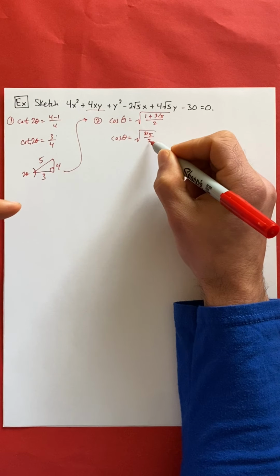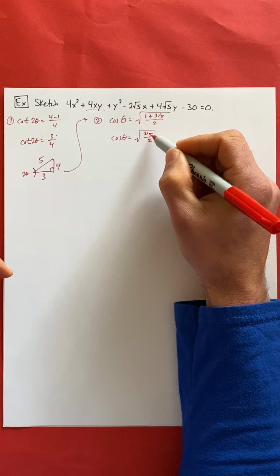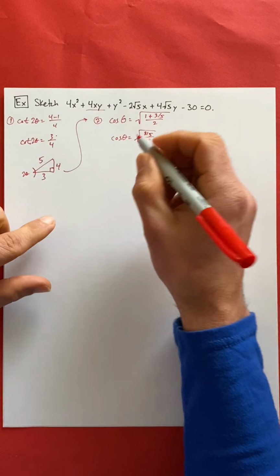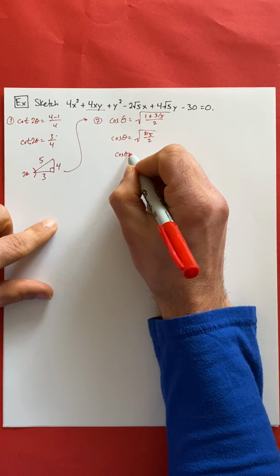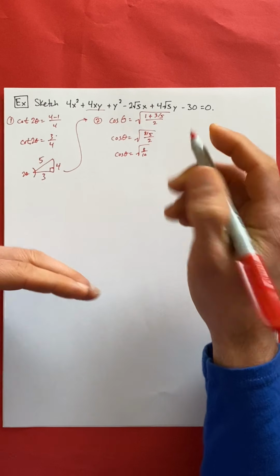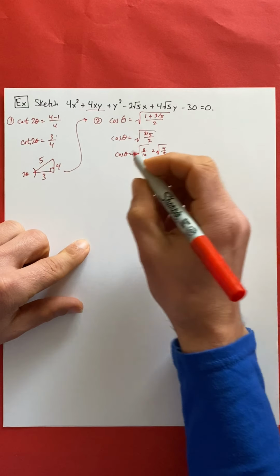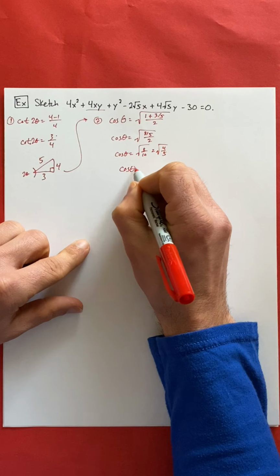And then remember, that's 2 over 1. So when I multiply by the reciprocal, it's not 16 over 5. It's actually 8 over 10. So I'd say the cosine of theta is equal to the square root of 8/10. And then I'm going to simplify that because that fraction can be simplified. It's actually 4/5. And then I'm going to take the square root of both of those separately.